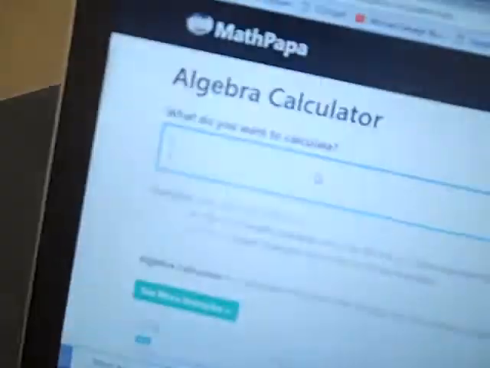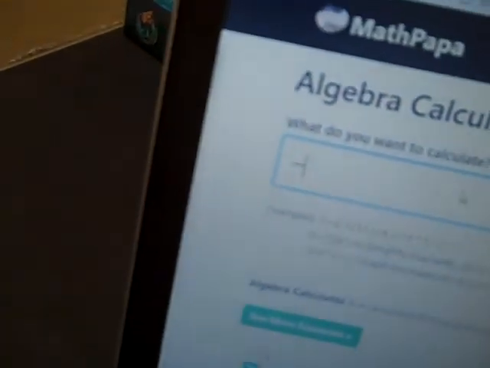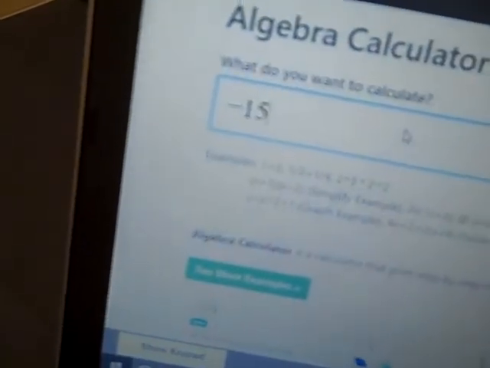Now, here's a nice part, okay? And then what I write is negative 15x plus, circle that plus sign, 12 times, and then x minus 4. Now, here's what you can do to simplify your top. It's really easy. You just plug that in, and it's going to simplify it for you. So negative buttons right here. 15x, okay.